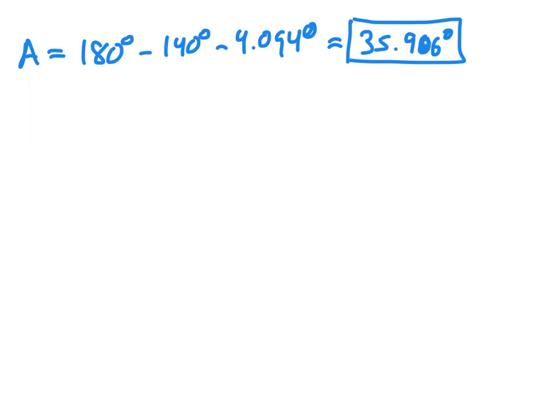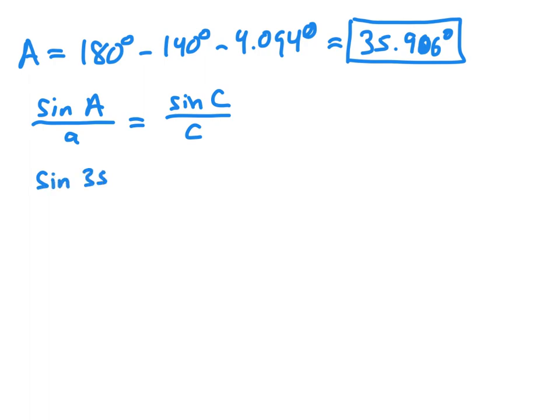To find side length A, we're going to use the law of sines again, this time involving the values for A. And we can again use the sine of C over C since we were given both of those values. So here we have that the sine of 35.906 degrees divided by side length A will equal sine of 140 degrees divided by 9.